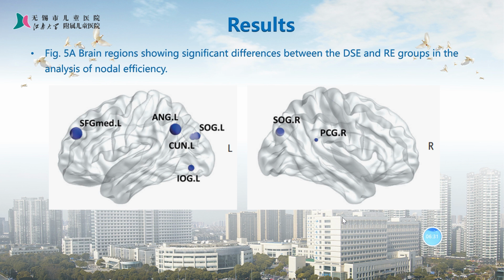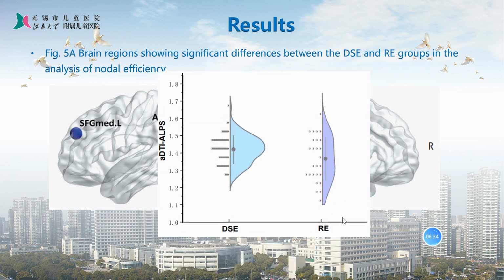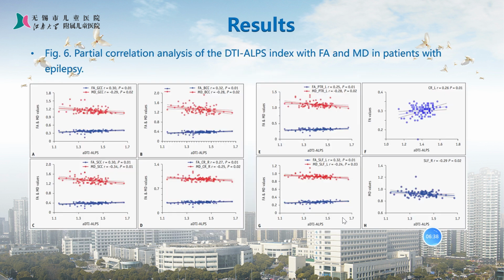The DTI-ALPS index was significantly lower in the RE group than in the DSE group. The DTI-ALPS index was positively correlated with FA, and this correlation was significant in the genu, body, and splenium of corpus callosum, right and left corona radiata, left posterior thalamic radiation, and left superior longitudinal fasciculus regions.